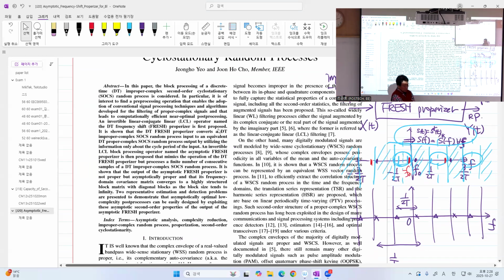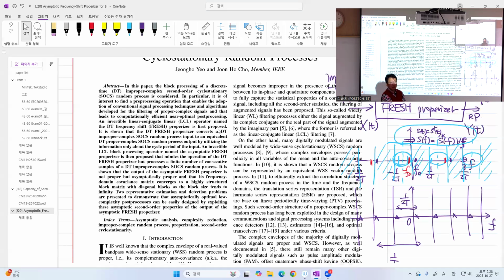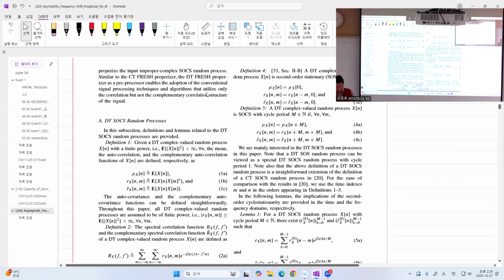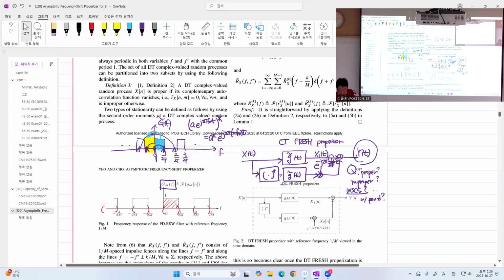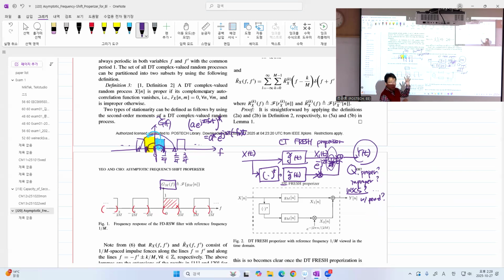And by the way, as I told you, there are many different ways of properizing and also doubling the cycle frequency by choosing different frequency shifts in the FRESH properizer. And this structure is chosen just for simplicity. You may really choose each half Nyquist zone and just flip the frequency components with respect to each half Nyquist zone's center frequency.